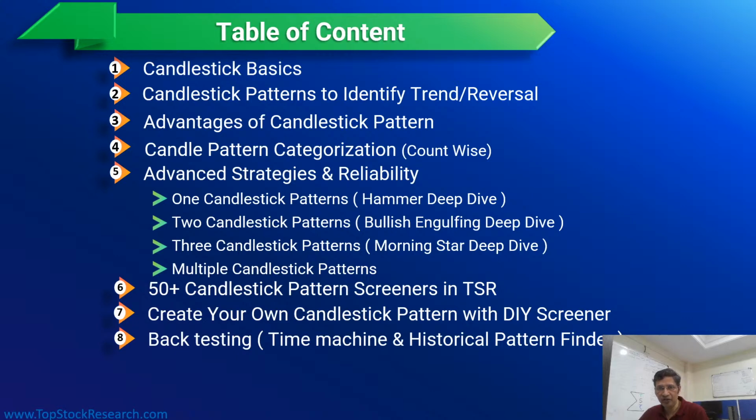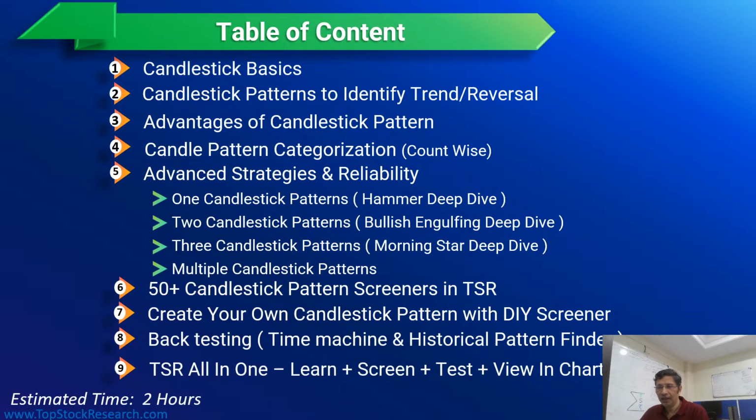If you are interested in a particular pattern, you can go back in the history and see how many times that particular indicator or pattern is formed on a stock of your choice. Then finally, TSR all-in-one. This is a platform where you'll not only learn, you'll screen, test, view. Basically any of the activities that you typically perform as an analyst is available in this platform, Top Stock Research. So learn, screen, test, and view in charts.